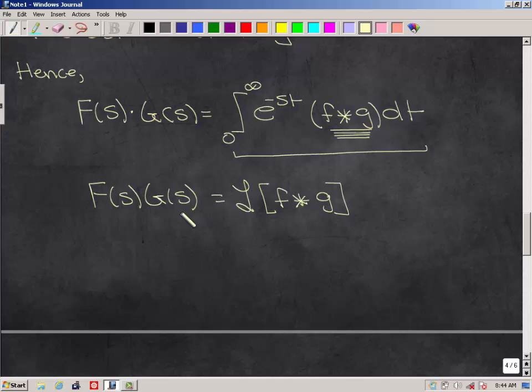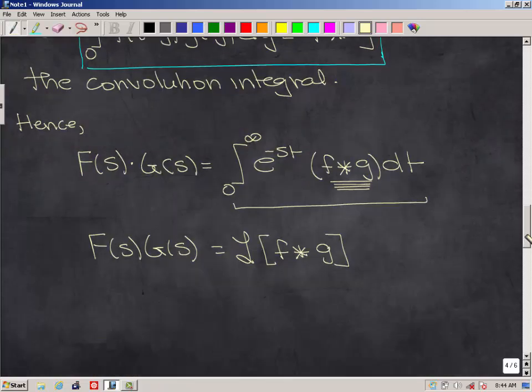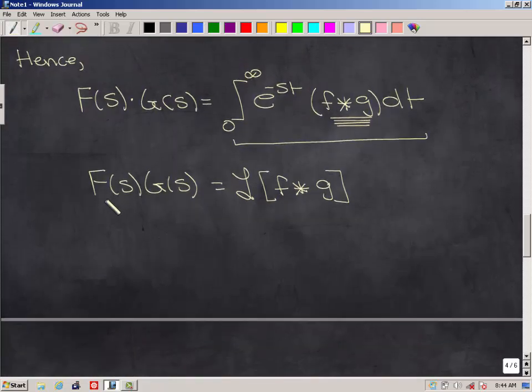So that gives us this F of s G of s. Okay, so we know what the convolution integral is now, and we also know what the product of F of s and G of s can be written as now. It can be written as Laplace of the convolution. So from this we can extrapolate a couple different variations just from notation.